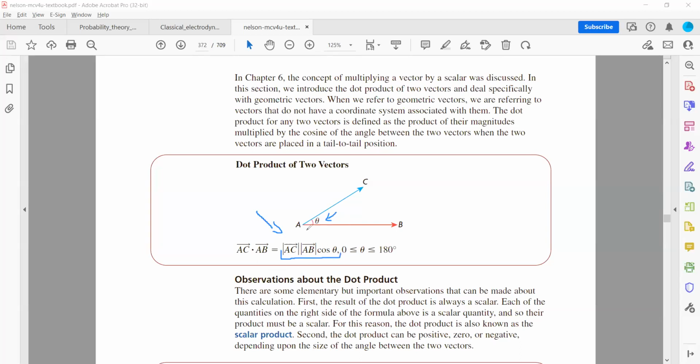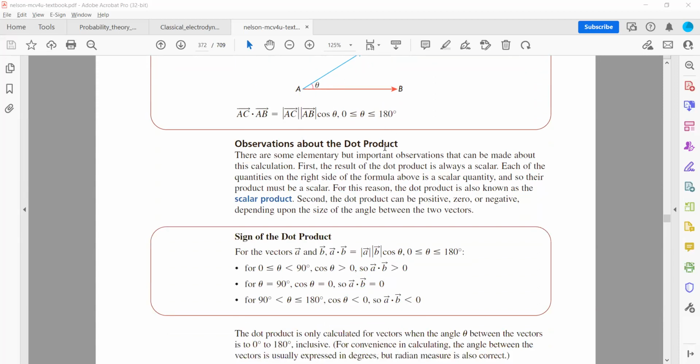We have the magnitude of vector AC times the magnitude of vector AB times cosine theta, while theta can take values in a range from 0 to 180 degrees inclusive.